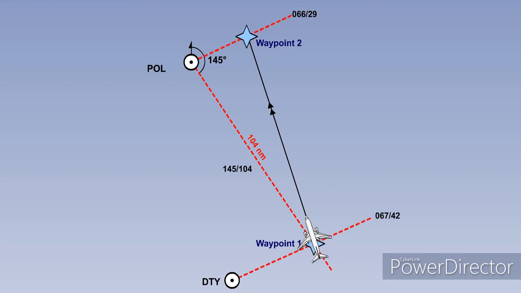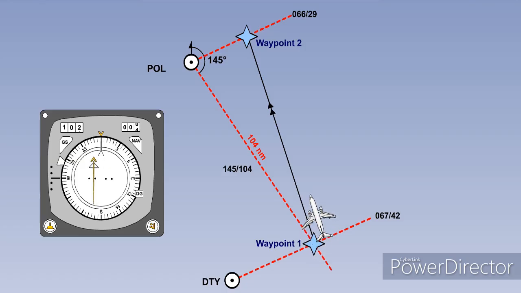The RNAV now knows its position with relation to Pole Hill, and the pilot has input waypoint 2 with respect to Pole Hill, so the computer can compute the track and distance from waypoint 1 to waypoint 2, since it has two sides of a triangle, the angles and the orientation of magnetic north.